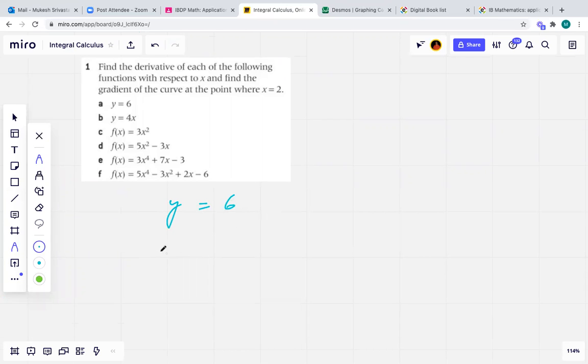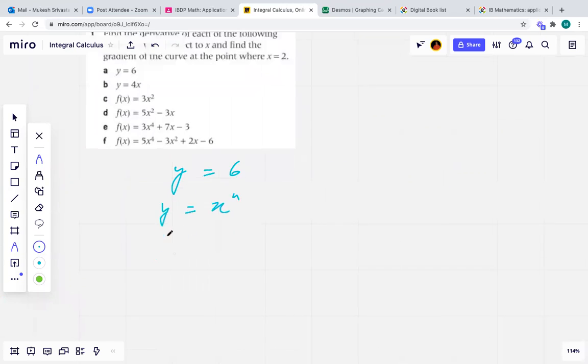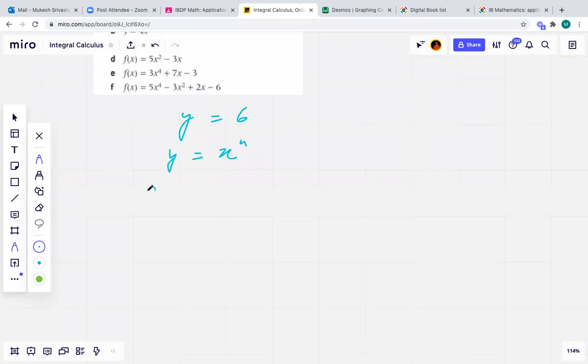I told you, when y is x raised to n, dy by dx is n times x to the power n minus 1. This is our mantra.